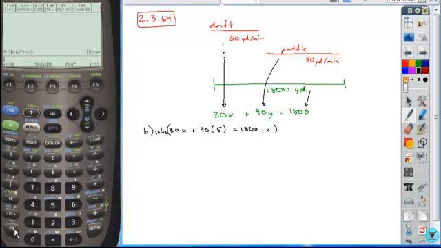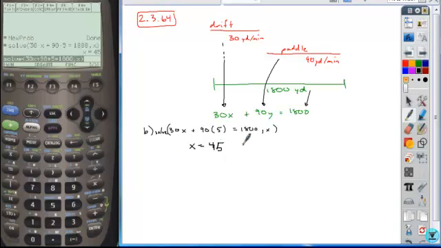Okay, so if we were to solve this problem, type in our equation, 30x plus 90 times 5, set it equal to 1,800, and solve for x. So this is going to give us 45. So in this case, x is equal to 45.